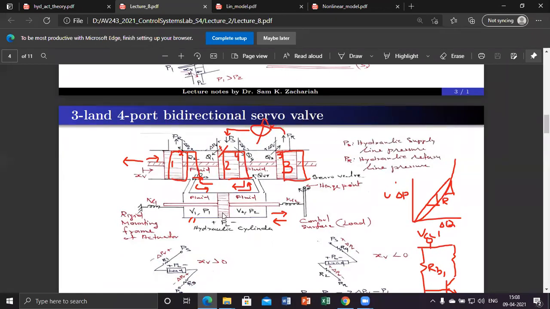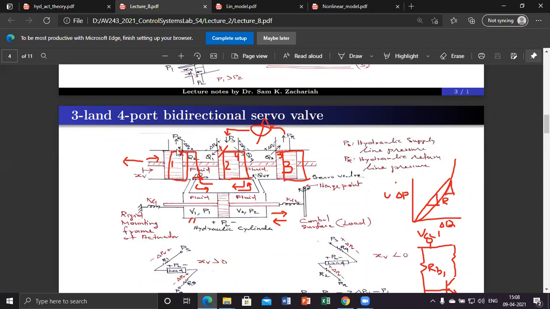That is, the piston of the actuator is exactly coinciding with the center of the cylinder, so that the volumes on both the sides are equal. That is equal to half the volume of the actuator, which is normally represented by V0. So V1 equals V0, V2 equals V0.